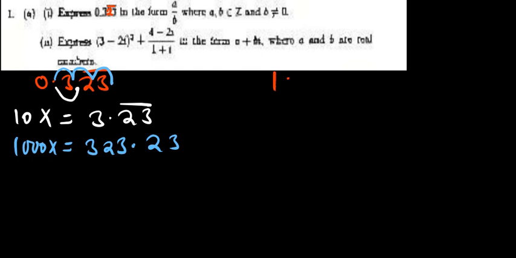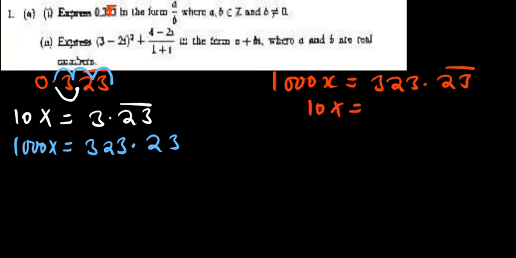So 1000x equals 323.23 with a bar, then 10x equals 3.23 with a bar. Now I can subtract.